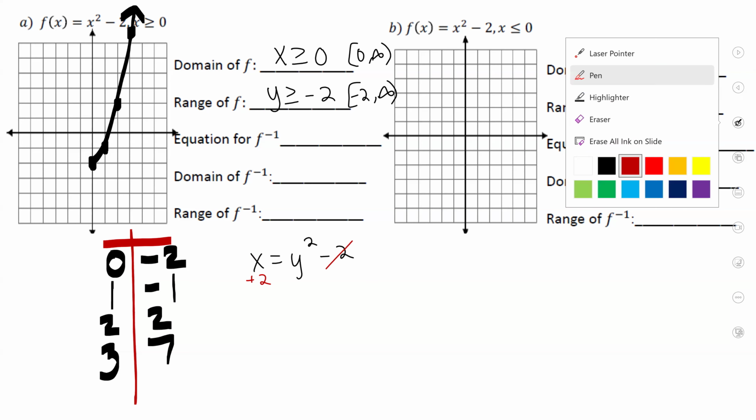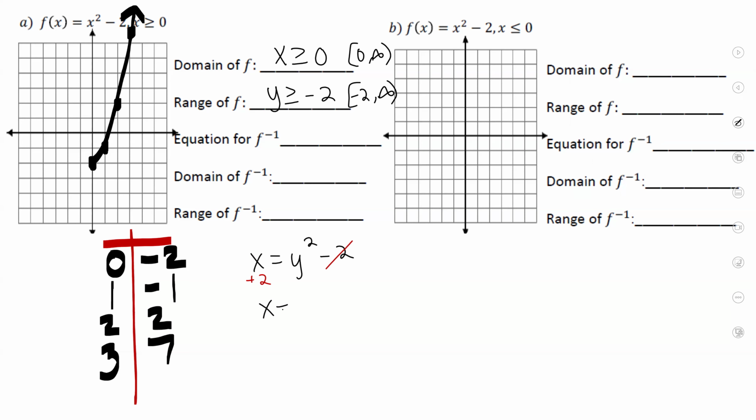So we'll have x plus 2 equals y squared. And guys, I'm going to square root both sides, and it'll be the positive. We're going to choose the positive side. So the equation is y equals the square root of x plus 2.